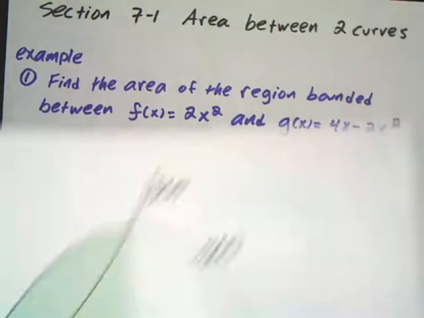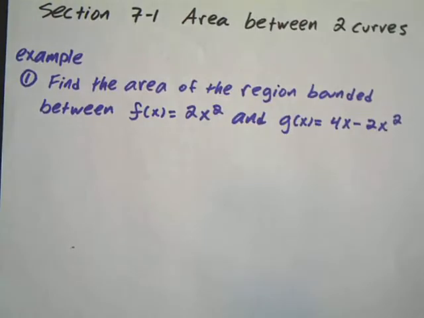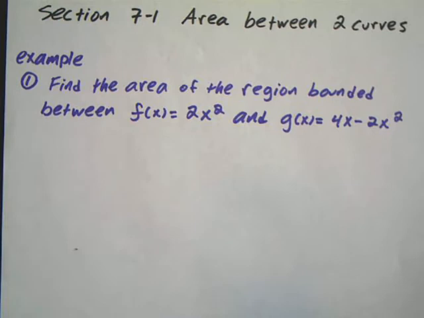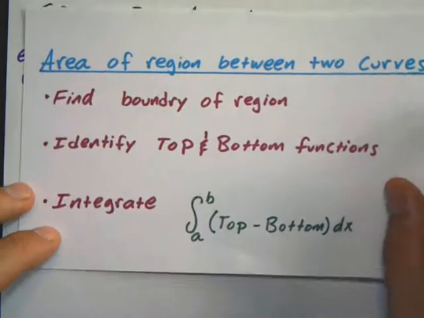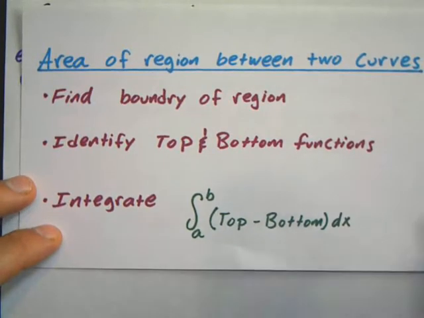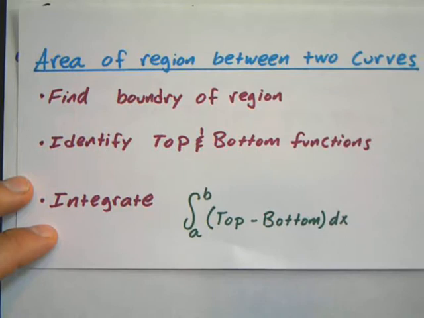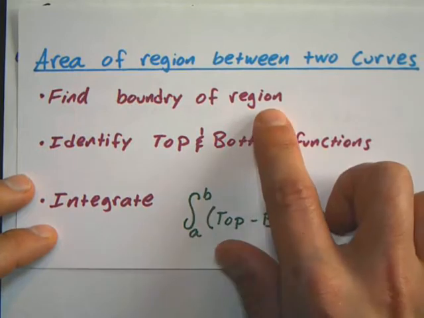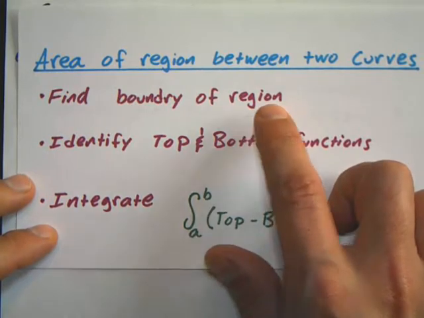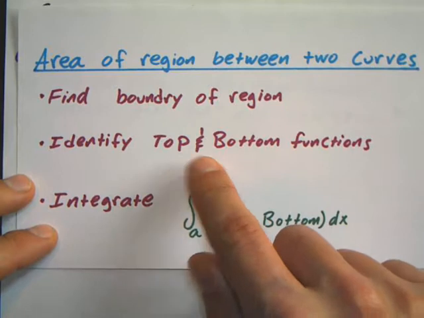Alright, so here are the basic steps to finding the area between two curves. You first want to find the boundary of the region. So this basically just means you want to find where the region starts and where it ends. You want to identify next the top and the bottom functions.